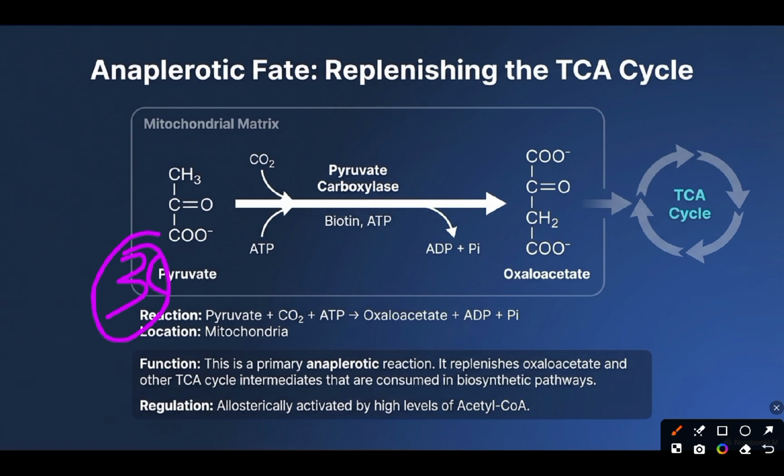Now, pyruvate carboxylase is also dependent on a vitamin known as biotin. So this is the vitamin biotin, and this pyruvate is converted to oxaloacetate. Recall that pyruvate is a 3-carbon molecule, and oxaloacetate is a 4-carbon molecule.